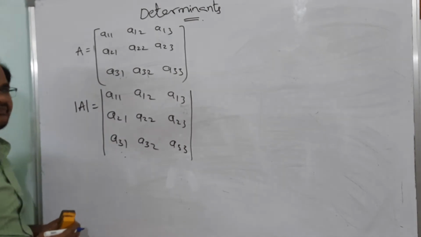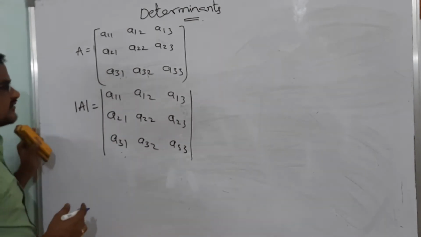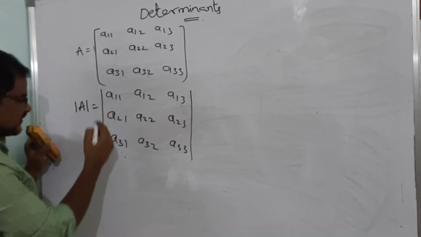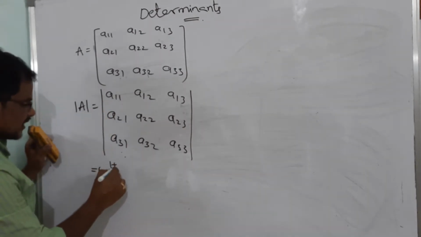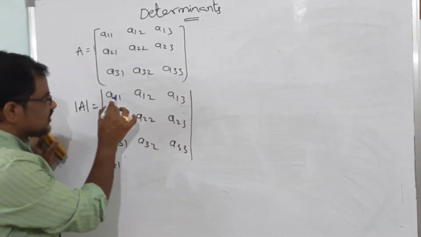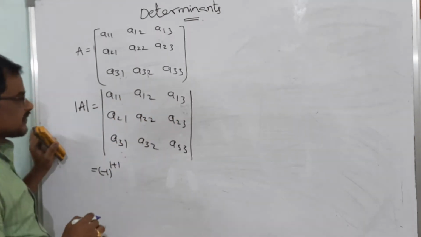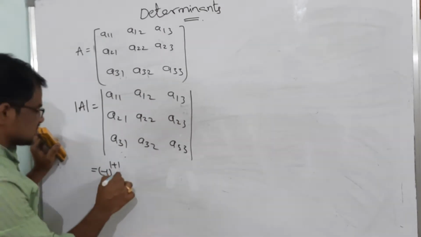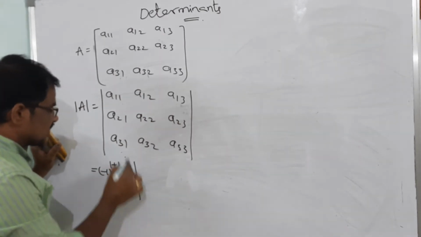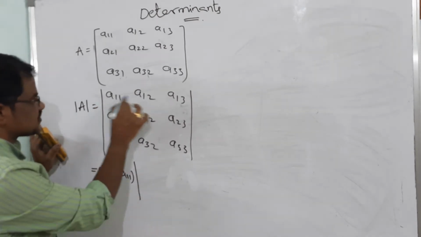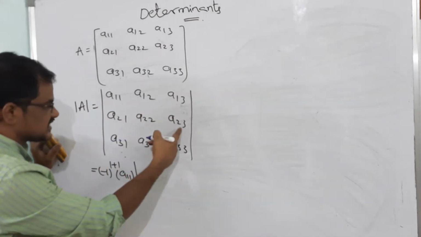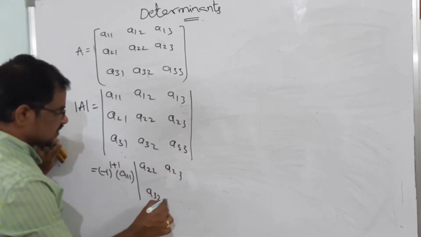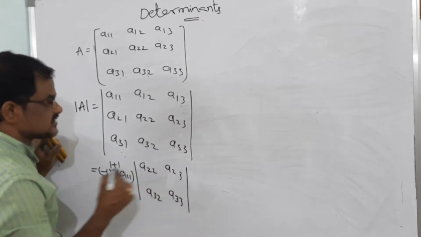How do we take the determinant of the 3 by 3 matrix? The position of the first element is -1 to the power of 1 plus 1. Eliminate the first row and first column. So we get A11 into, after eliminating the first row and first column, what is remaining? This remains: A22, A23, A32, A33, right?